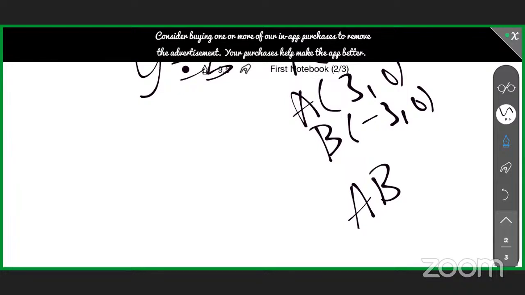No, the distance between point AB is different. It is 6. Distance between AB is 6.